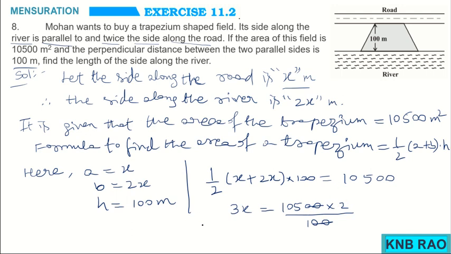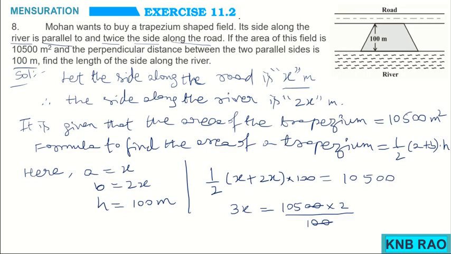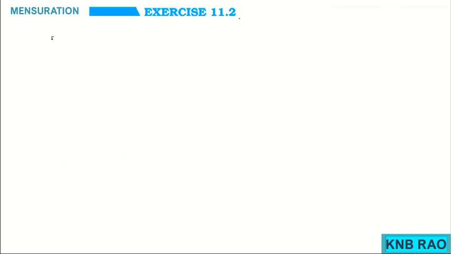Now I have got 3 times x equals 105 into 2. So further simplifying it, 3x equal to 105 into 2, which implies 210 equals 3x. Therefore, x equals 210 divided by 3.